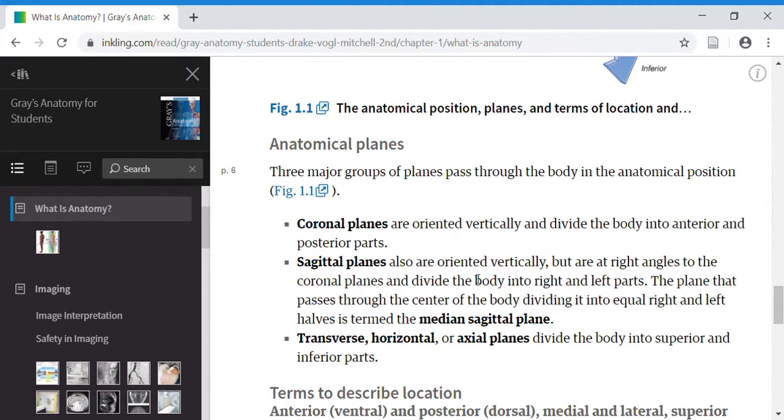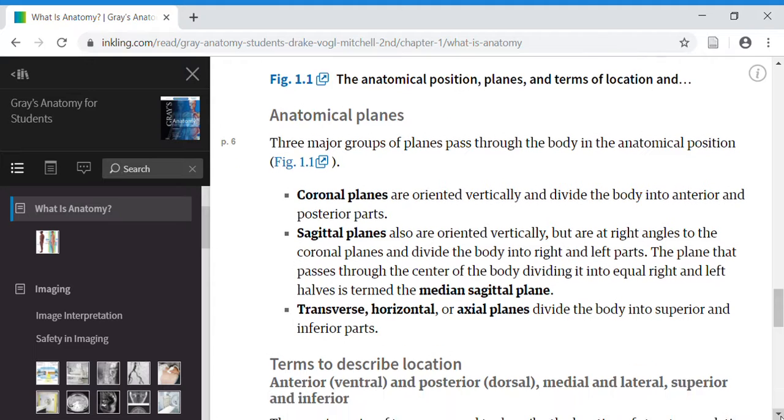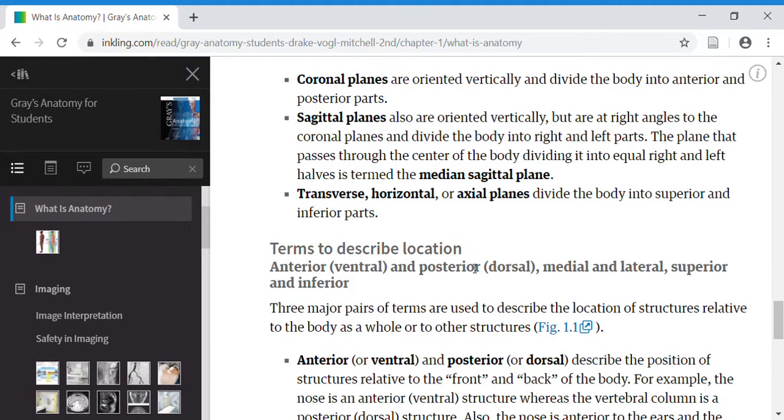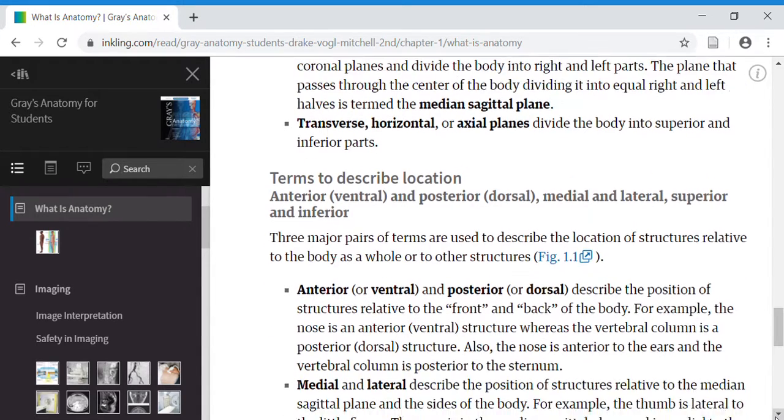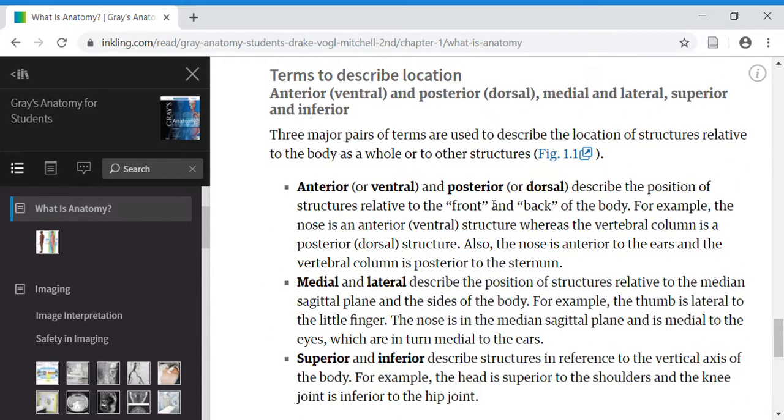So these are the three major anatomical planes. Anterior, posterior, medial, lateral, superior, and inferior: three major pairs of terms are used to describe the location of structures relative to the body as a whole or to other structures. So anterior or ventral and posterior, medial and lateral, and superior and inferior.